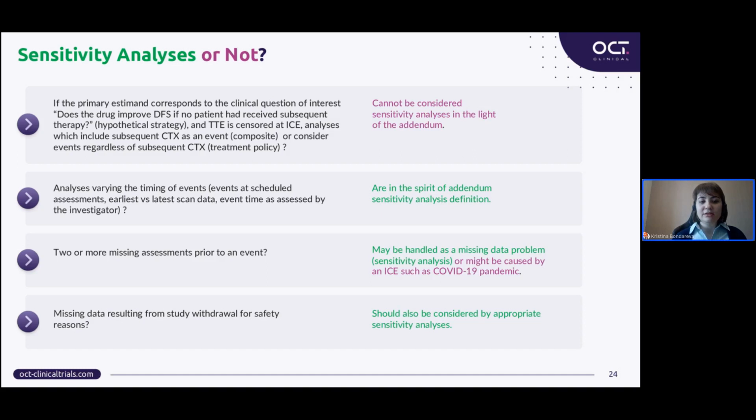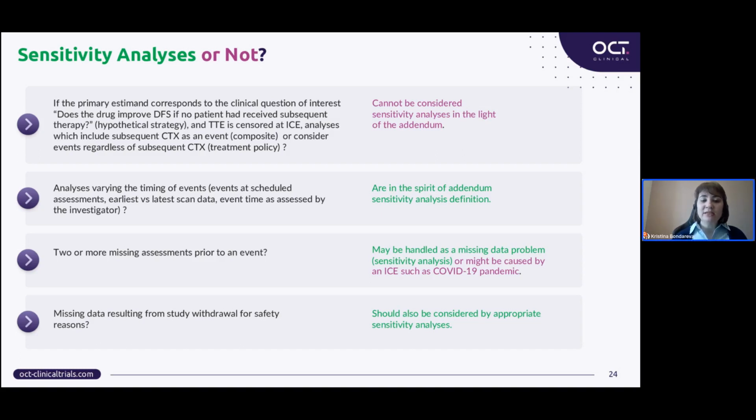Let us try to guess for a few examples whether the mentioned analyses are sensitivity or supplementary. The first example. Suppose our primary estimand answers the following clinical question of interest. Does the drug improve disease-free survival if no patient had received subsequent therapy?